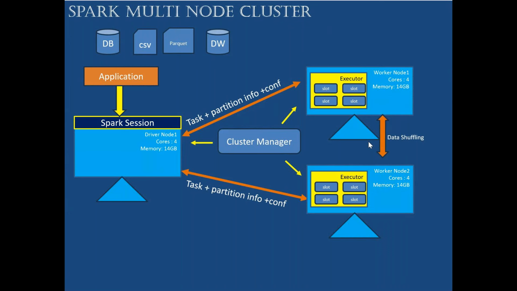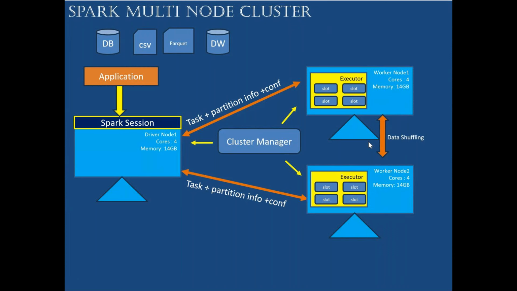Yes, Mali. If you do df.display, the data will come from the driver node. Display of DF means it is coming through the driver node. That's why you should not do things like rdd.collect or df.collect.